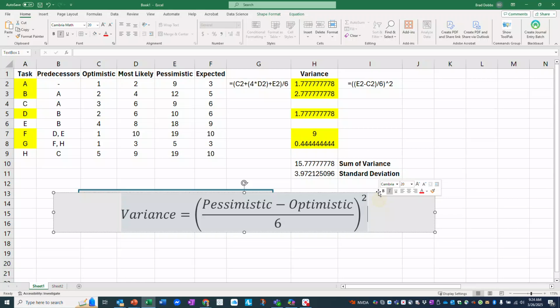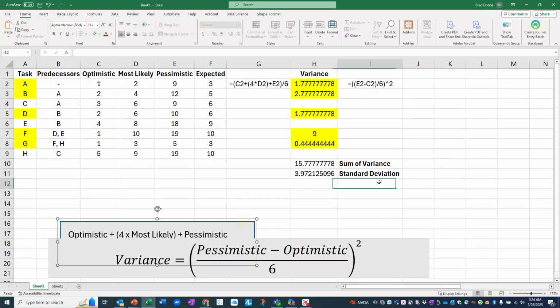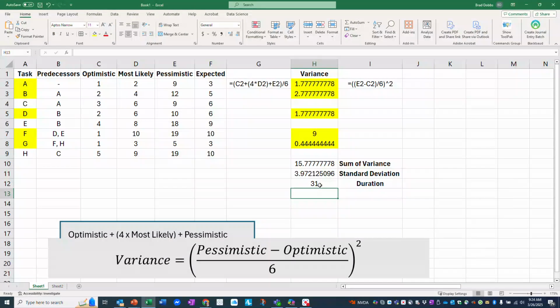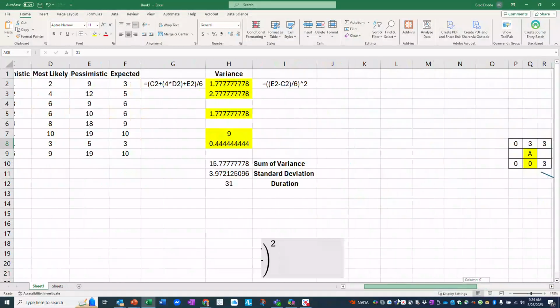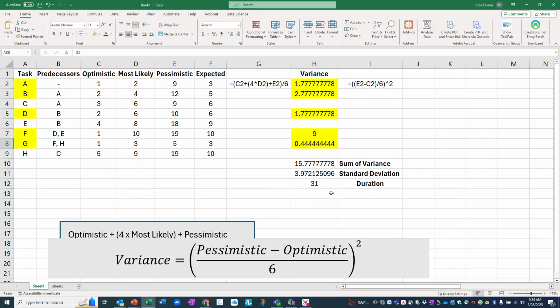And I can go ahead and also put in my project duration over here. We're going to need all this information in the next part. And again, my duration came from here. All right, so I will start another video and we'll go through some calculations with this information.